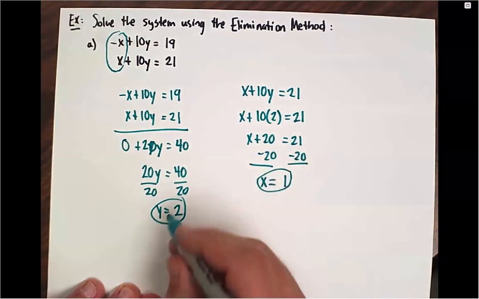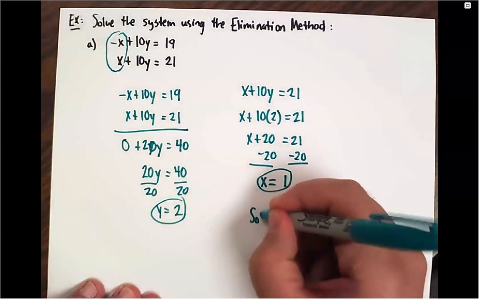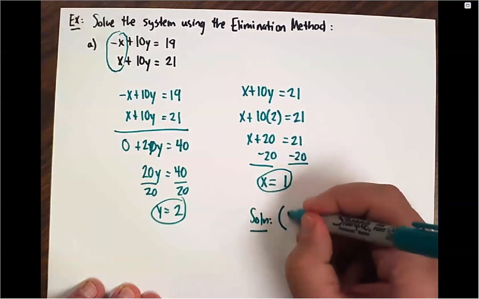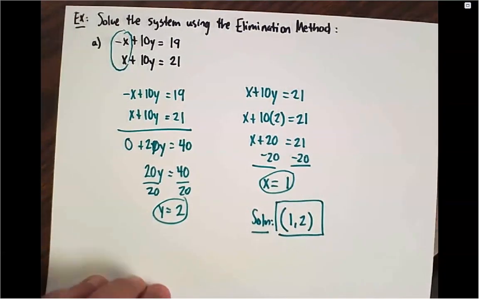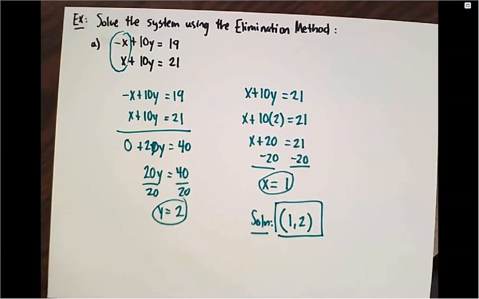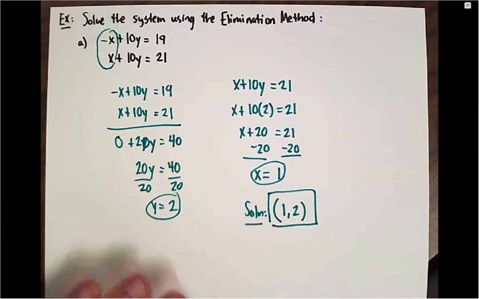And so x is 1 and y is 2. That makes the solution 1, 2. That's how you do elimination.